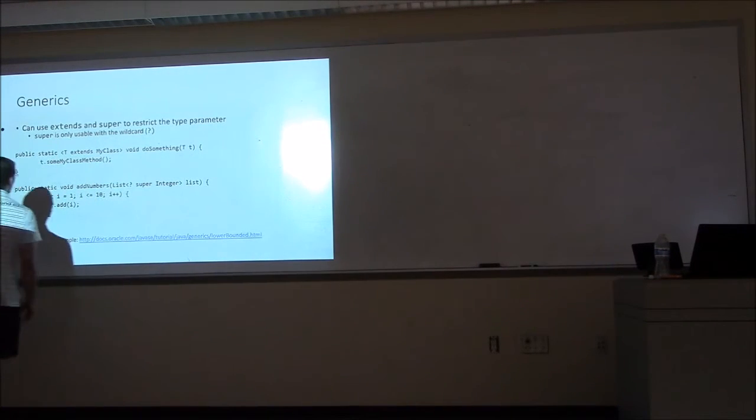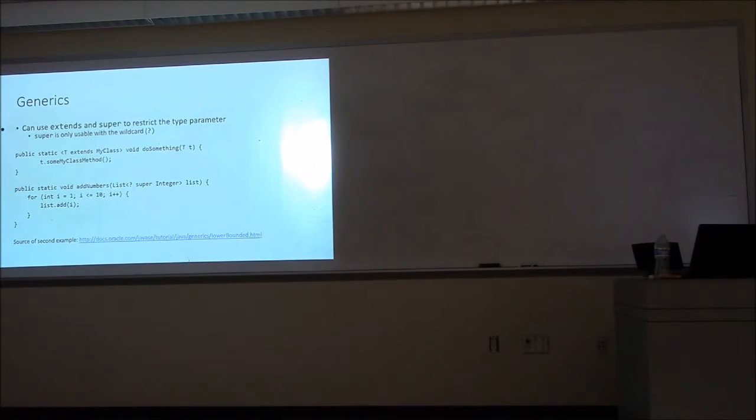So two examples, if we have some method that does something with a type that extends my class, then we can now call some method that belongs to my class on the input parameter. So even though we don't know exactly what type T is, we know that it extends my class. It's a subclass of my class, which means that we can call methods that belong to my class on that object.